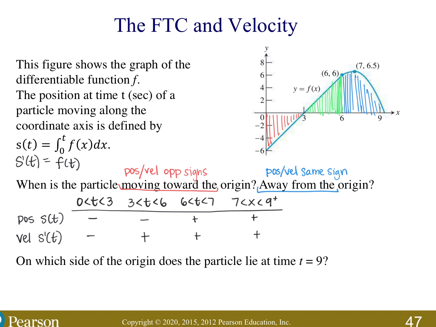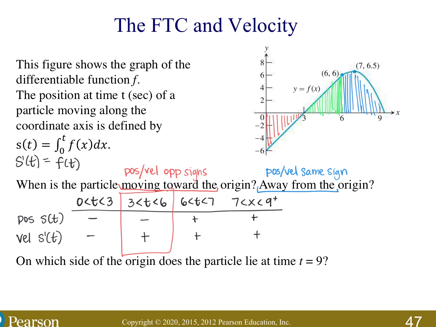So if I am looking for opposite signs, the only place I have opposite signs is between 3 and 6. So that is the only time that the particle would be moving toward the origin. All of the rest of the times it will be moving away from the origin. The first 3 seconds, it's moving away from the origin in a negative sense.